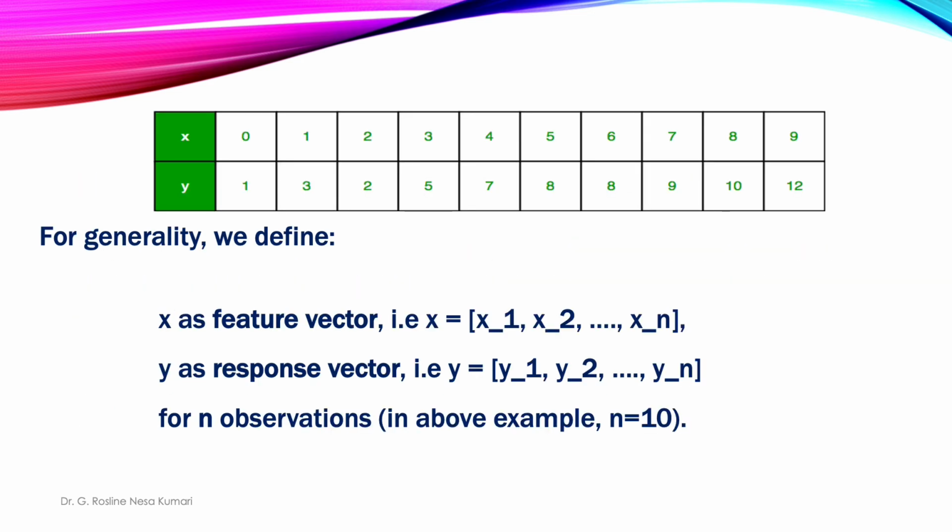Here x values and y values are given. x is the independent variable and y is the dependent variable. Here n equals 10, so n means 10 observations. x is the feature vector and y is the response vector, represented as x1, x2, xn and y1, y2, yn.